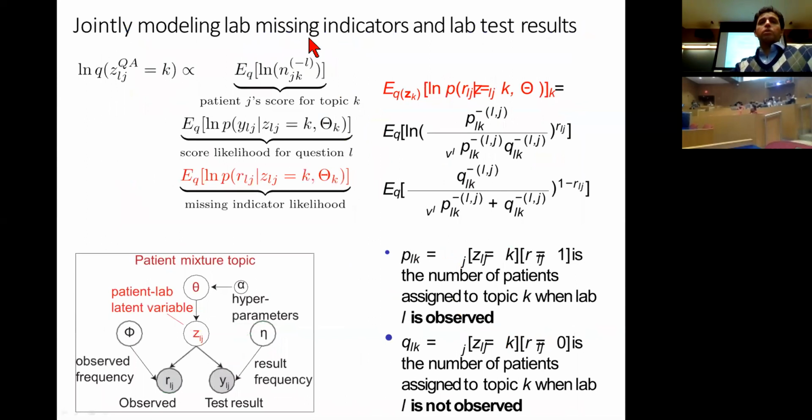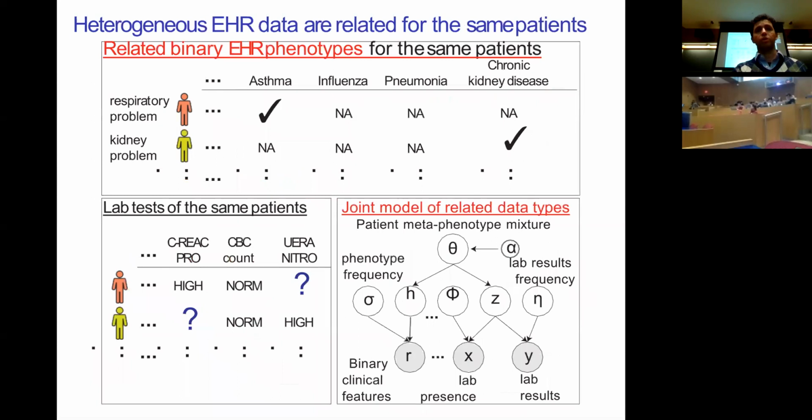So then we can jointly model these missing indicators and the lab test results, whereby the observation for a particular patient depends on the score with which that particular patient belongs in the particular topic, the score likelihood for that particular question of that lab test, and the missing indicator likelihood for that particular lab test. So then it basically says that the number of patients assigned to a particular topic when L is observed versus when L is not observed are in fact highly dependent on that class that the patient belongs to.